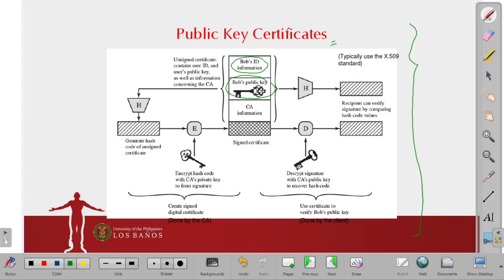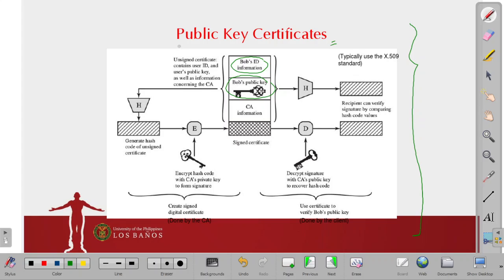Okay. So what is going to happen is that Bob will have to ask some trusted individual to sign this certificate to verify that indeed he is the person he is claiming to be.